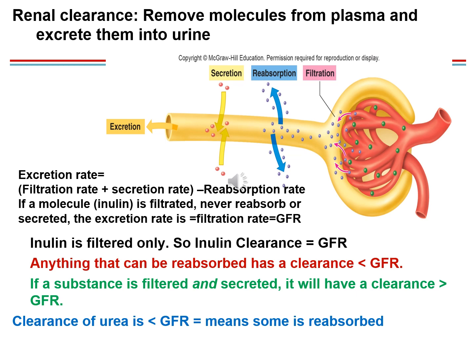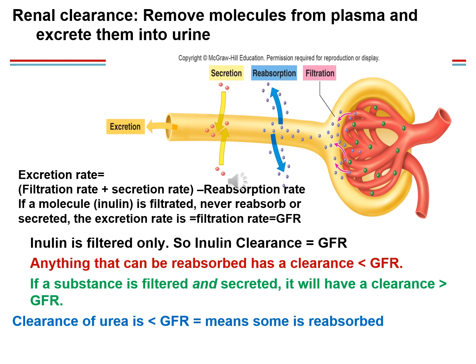Now, if the molecule is filtrated but is never removed from the tube by reabsorption and is never added into the tube by secretion, that molecule in urine after that specific amount of time represents the glomerular filtration rate.